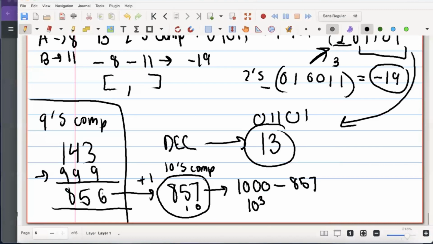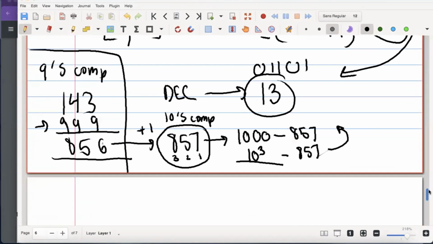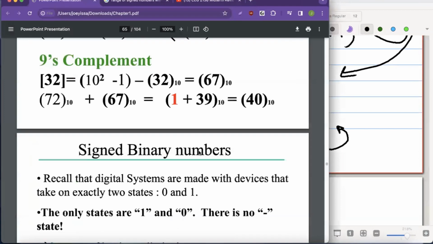But honestly, if you just know the subtract-by-9 rule that I did right here, where I subtracted the number by 9 and then added 1 for 10's, that's all you need to know. Anything else is pointless.